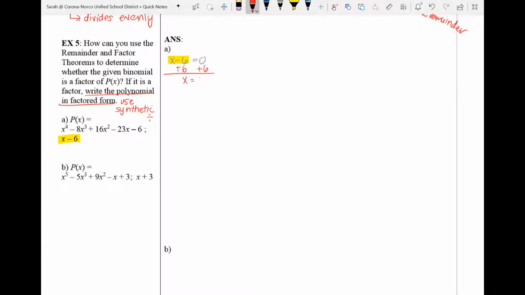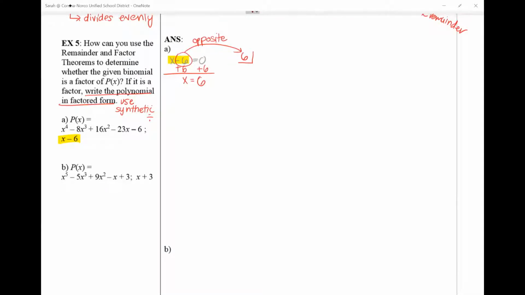So x equals 6, and that's the number that we separate out from the coefficients. One thing to notice is that when we do that, it's always the opposite of the number in the binomial. So whatever our constant was in that binomial, the opposite value is what goes in the box there.